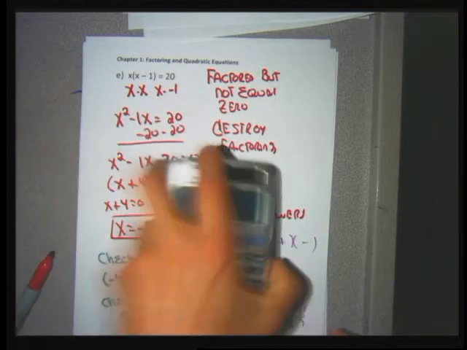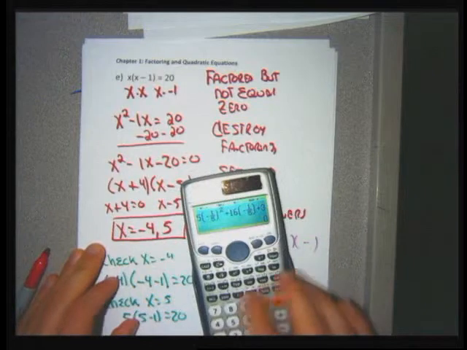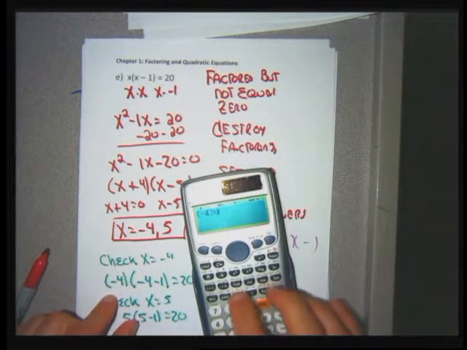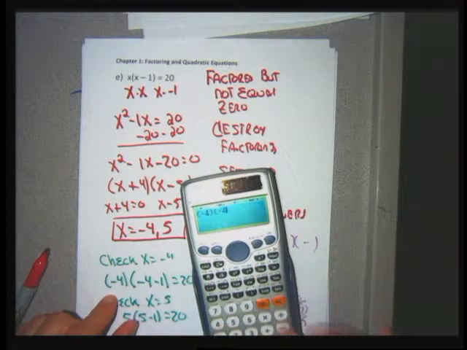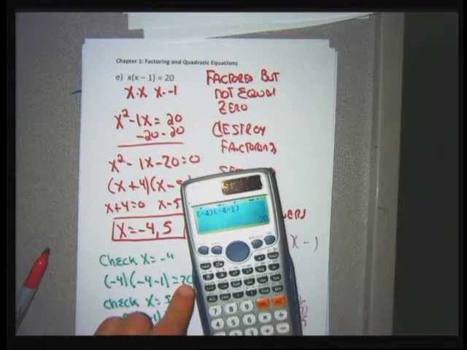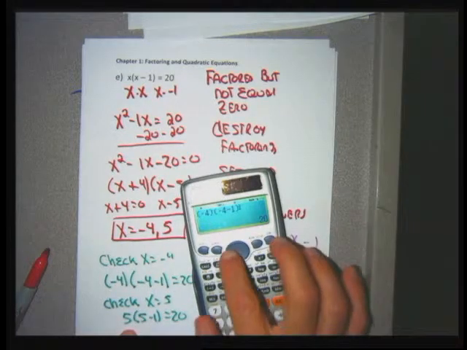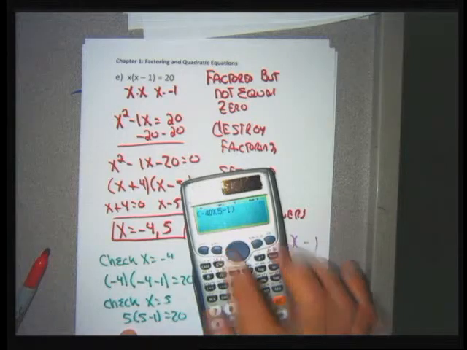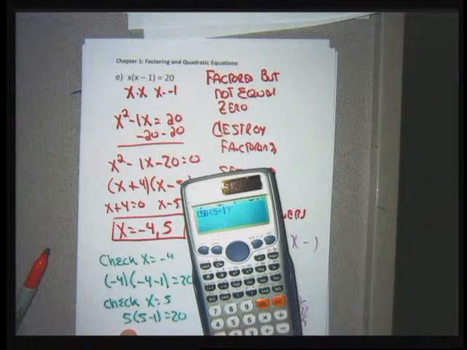So first checking, parentheses, which I don't really need the parentheses there, but it's okay to have them. So negative 4 times negative 4 minus 1, that better equal 20, which it did. And then the second one, I'm going to make that a 5. 5 times 5 minus 1, that also equals 20, so that answer is also correct.